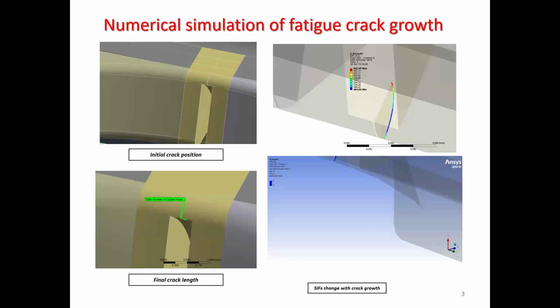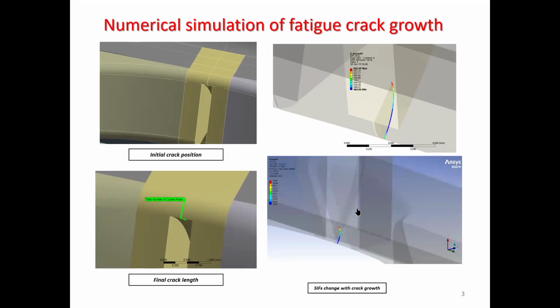So without too many details, you can see here some of these aspects of numerical simulation. You can see the crack, the stress distribution, and the most interesting is, of course, how we simulate fatigue crack growth.